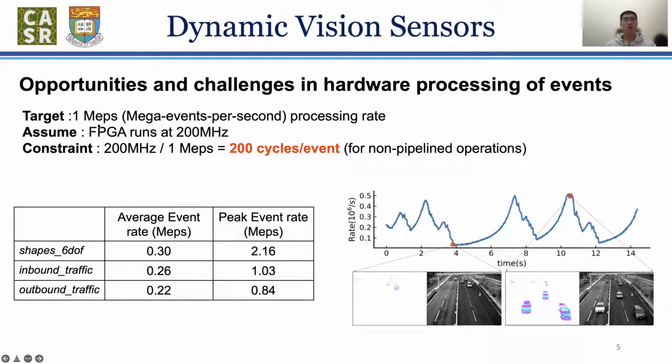If you want to design a system that can process 1 mega event per second, and assuming that your FPGA hardware runs at 200 megahertz, by simple calculation, you need 200 cycles to process each event. More specifically, for any non-pipelined operations, which is a very challenging hardware problem.